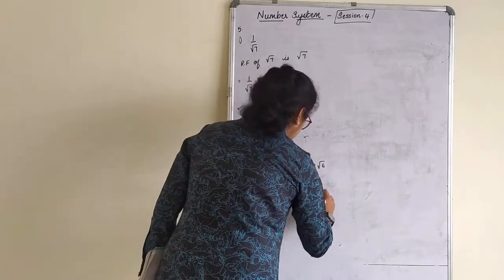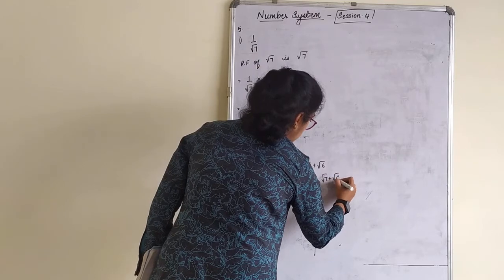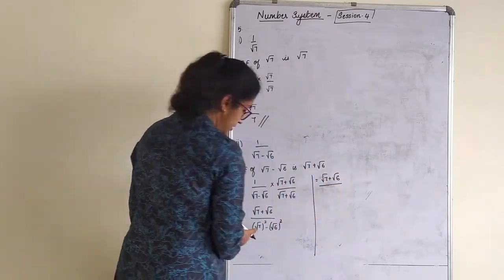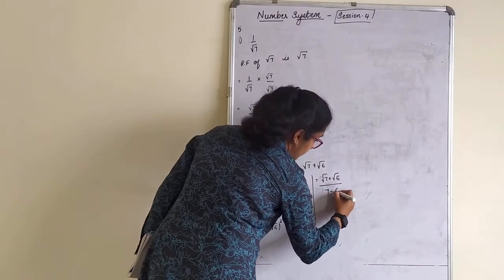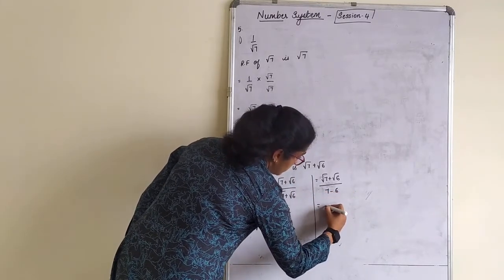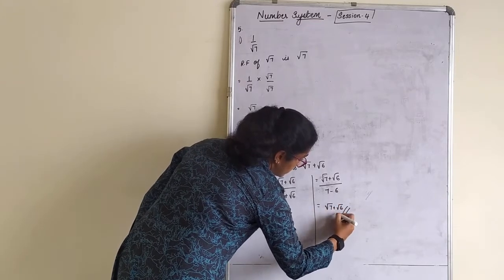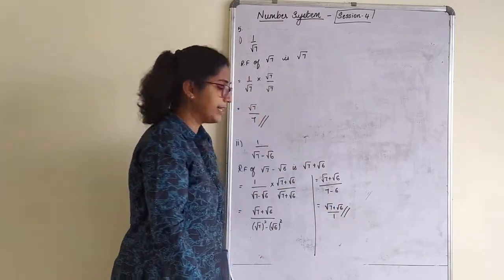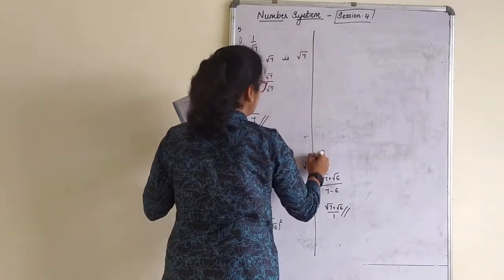I'll do it here. Root 7 plus root 6 divided by, square root and root will get cancelled, square root and root will get cancelled. 7 minus 6. So 7 minus 6 is 1. Root 7 plus root 6. One you want to write, you can write. This is the answer. Third one.